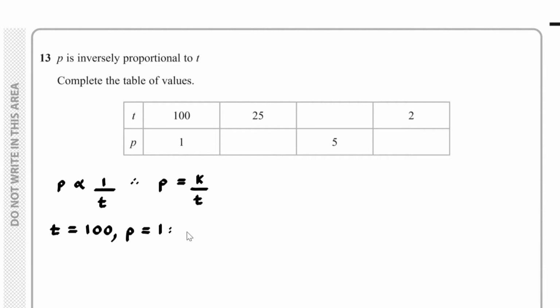So with this, we have 1 equals K over 100, which means K is equal to 100.